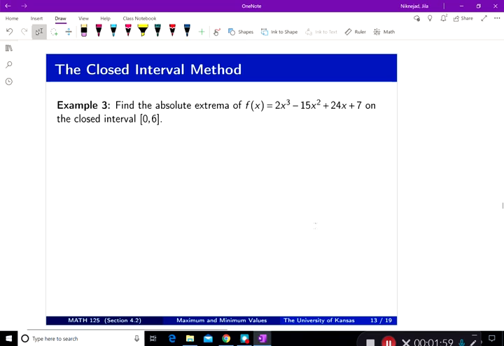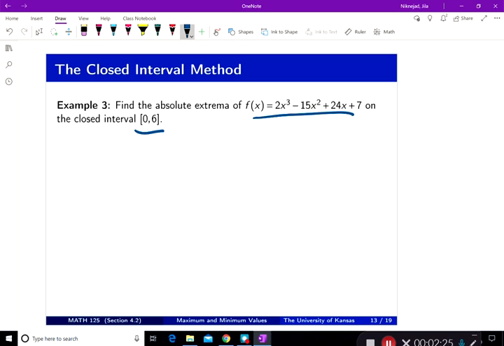So for example, let's find the absolute extrema of this function on the closed interval 0 and 6. Let's remember to find the absolute extrema on a closed set, we're going to use the closed interval method.